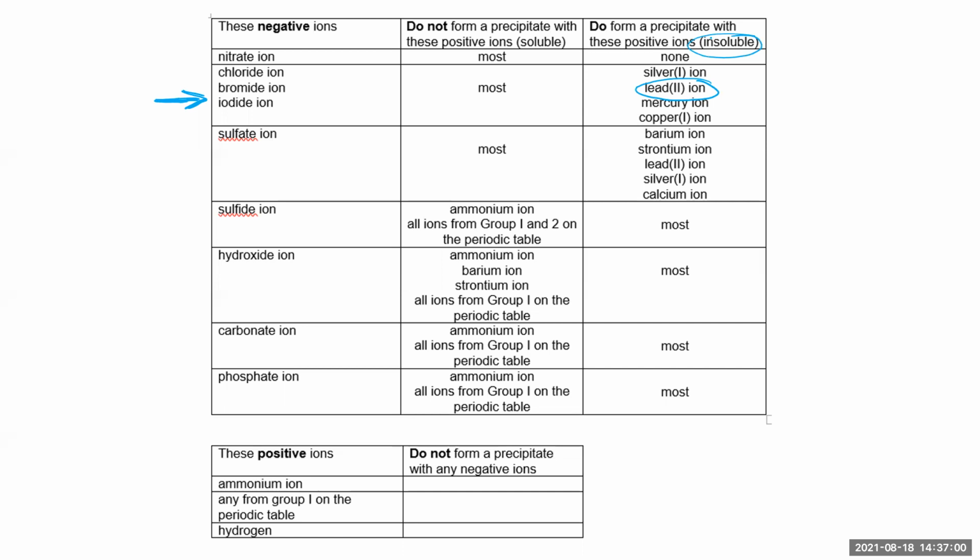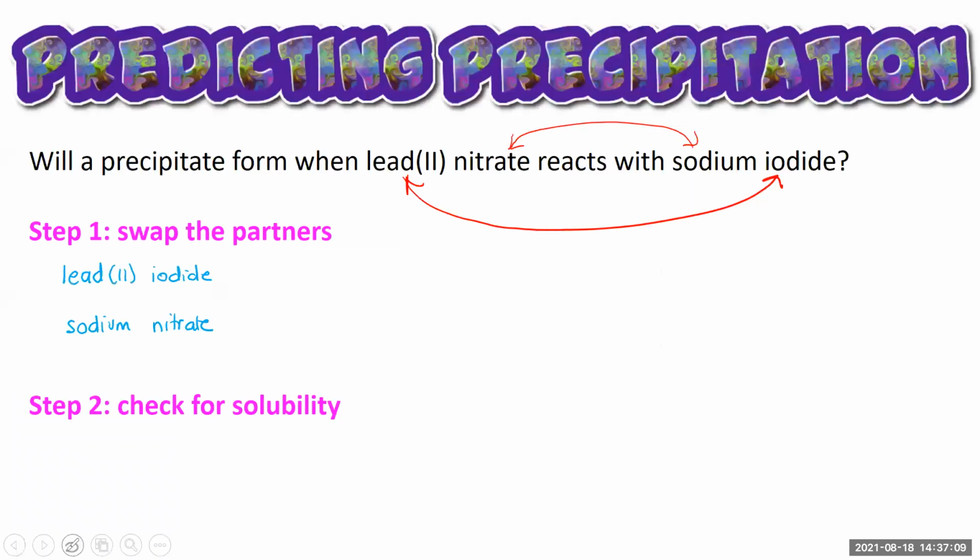So lead 2 iodide is insoluble. Let's go back and write that down. So that's insoluble here. And that means insoluble is a solid forming. And when a solid forms, we call that a precipitate.